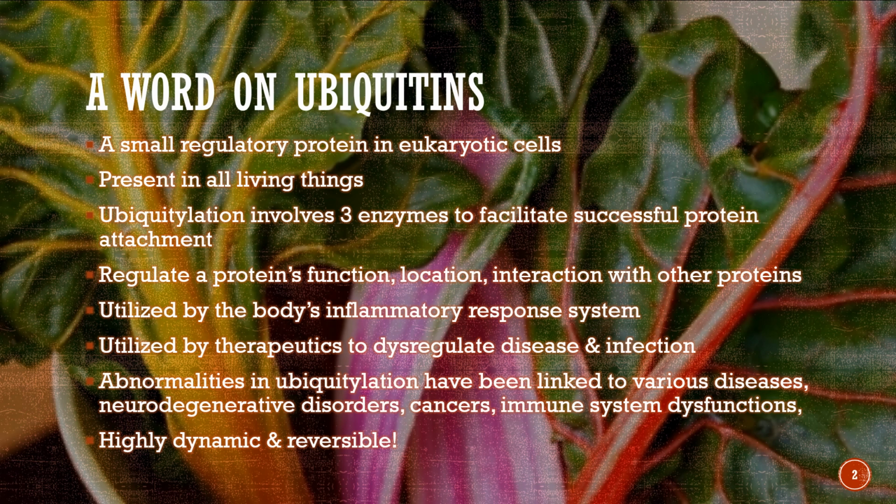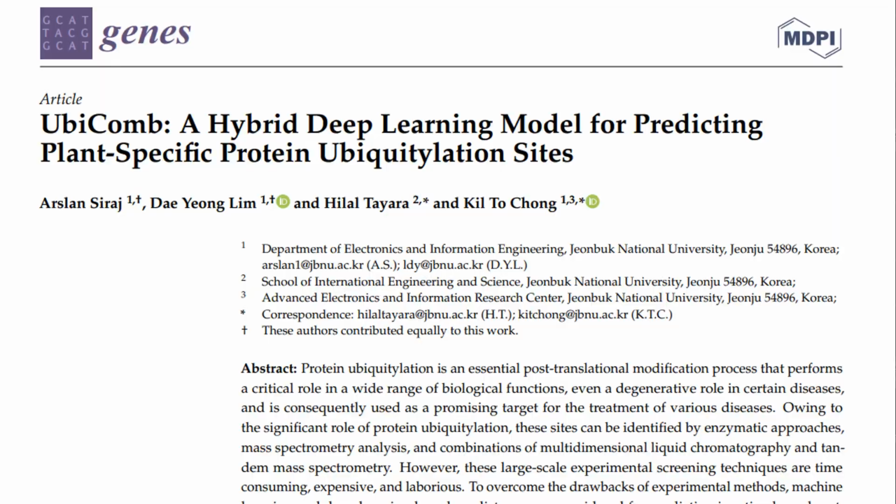They've been linked to a lot of different diseases, neurodegenerative issues, cancers, immune problems, etc. But the most interesting and important thing I would guess about our knowledge about ubiquitins is they're highly dynamic and reversible because they're responsible for all of this mediation of protein attachment.